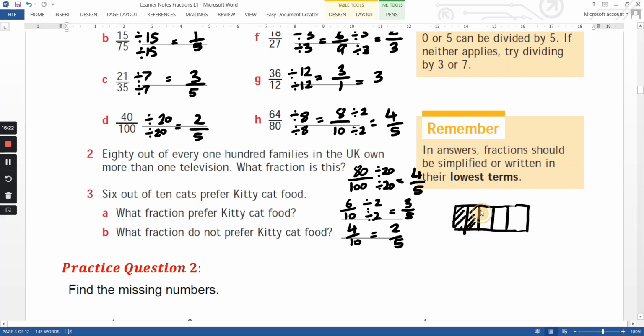This one is to do with cats who like Kit Kat food, so let's call that like, and these don't like. Just visually, if you're not sure where that 2/5 came from, 3/5 liked the Kit Kat food, so 3 out of 5, and 2 out of 5, these 2 cats did not like Kit Kat food.